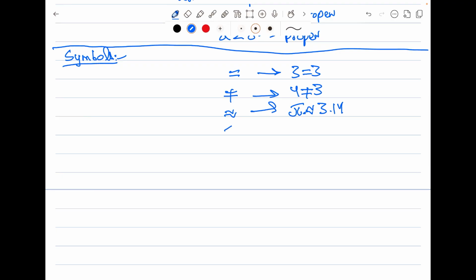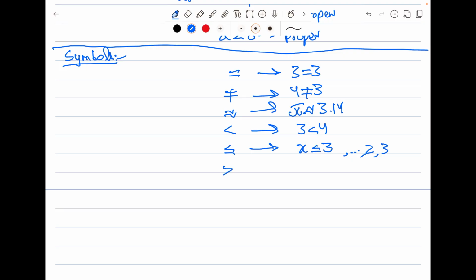So there's the symbol is less than, right? For example, 3 is less than 4. Then there is less than or equal to, right? For example, you can say x is smaller than or equal to 3. So that means all the numbers from 3, 2, and all the smaller numbers, all right?